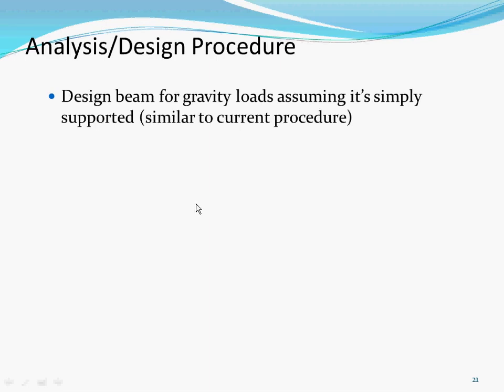When we go to SAP and the Excel sheet, I'll tell you what step that is and how we're doing it. But the first thing is we are designing the beam for gravity load, not lateral, just the gravity load, assuming it is pinned, assuming there's no moment contribution.